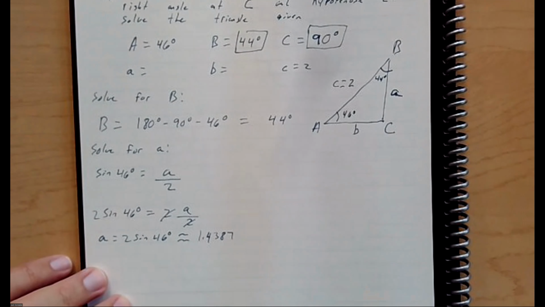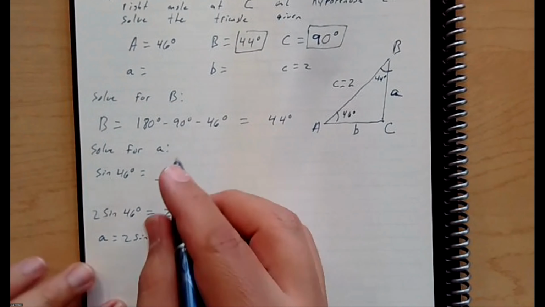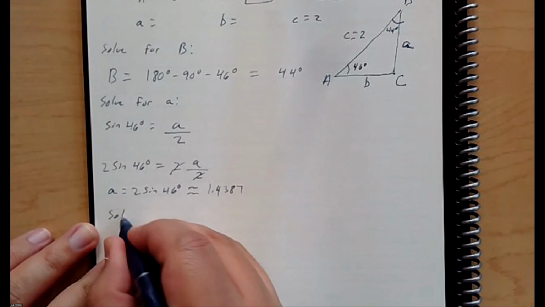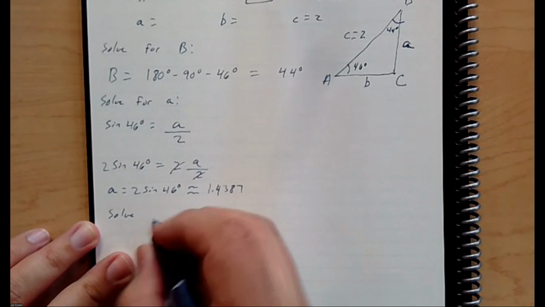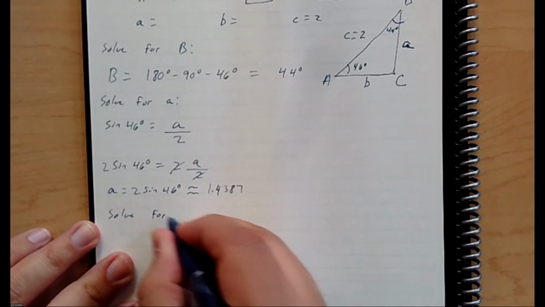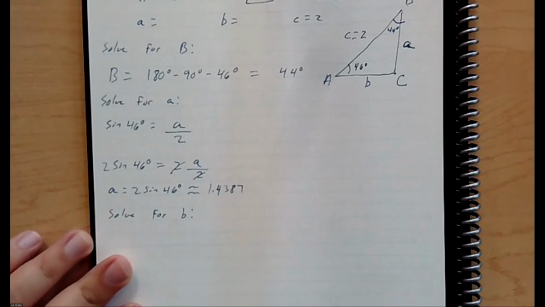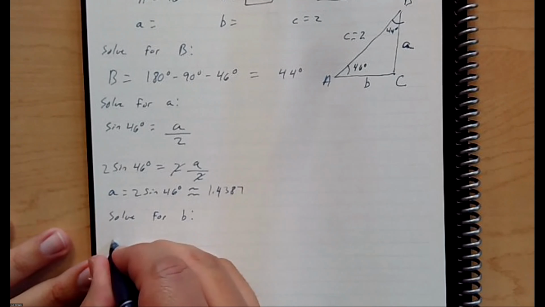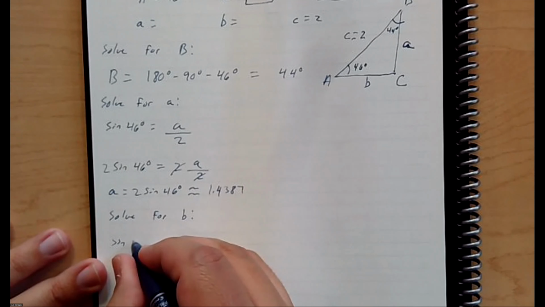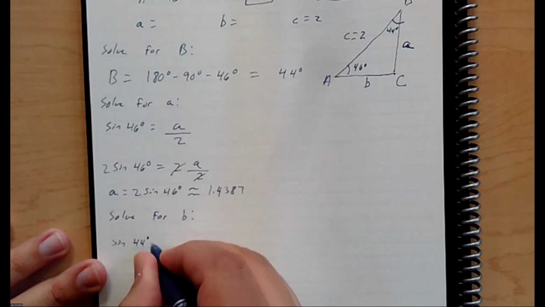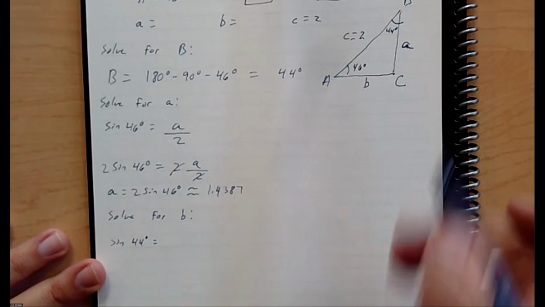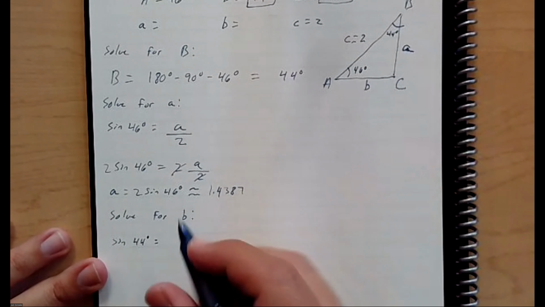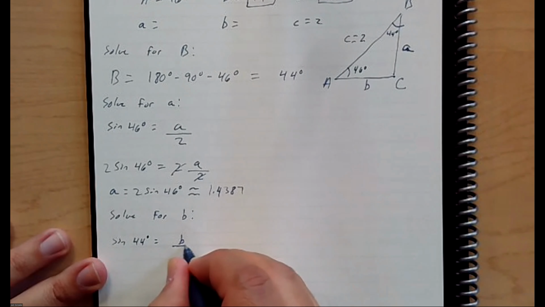And so do the same thing for lowercase b. What trig function and angle would you choose? Yeah, I think that's a good one. Sine of 44 would equal lowercase b over 2.